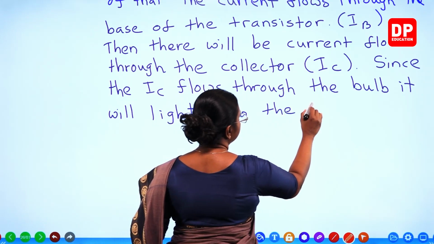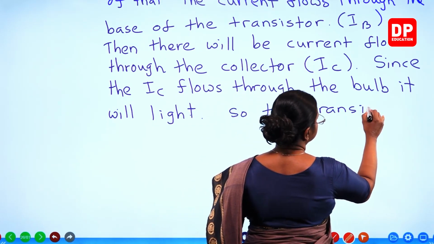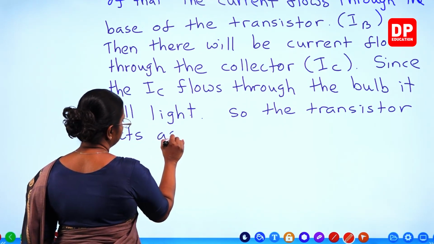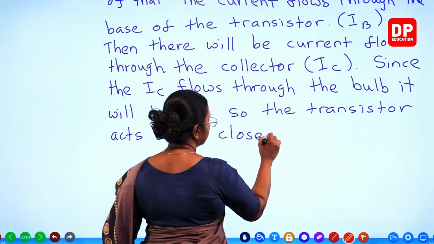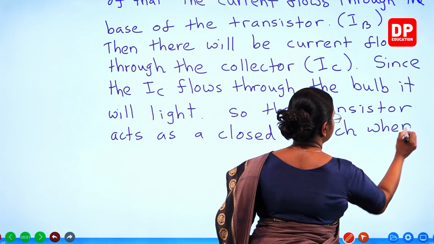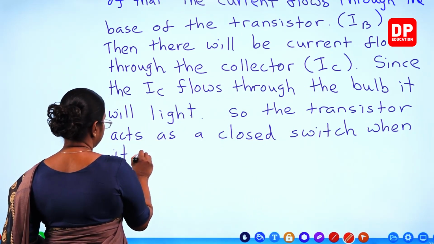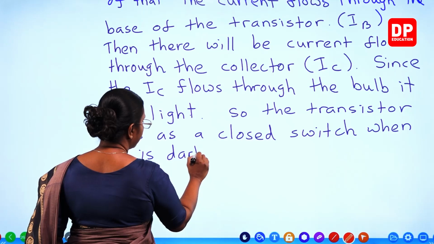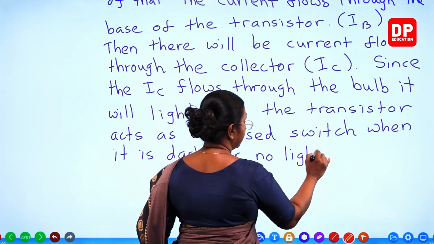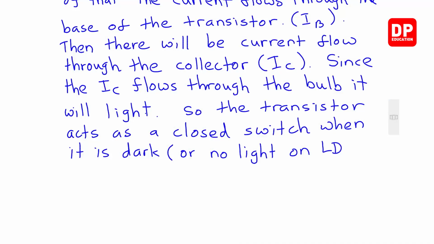So the transistor acts as a closed switch when it is dark or no light on LDR, and the bulb lights.